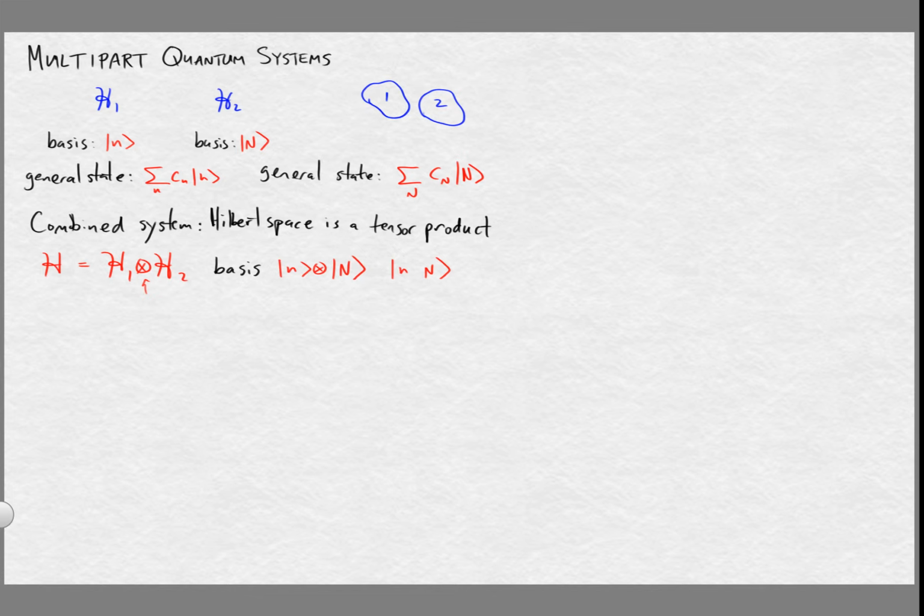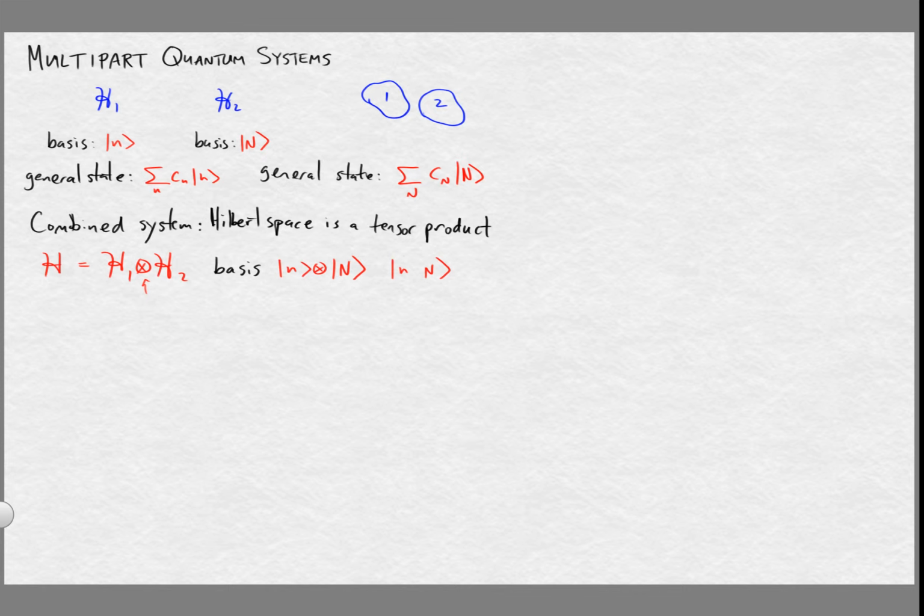Okay, and so if you have some number of basis elements for the first one and some number of basis elements for the second one, then the number of basis elements for the full Hilbert space is just the product of those two. And so the dimension of the full Hilbert space is the product of the dimensions.